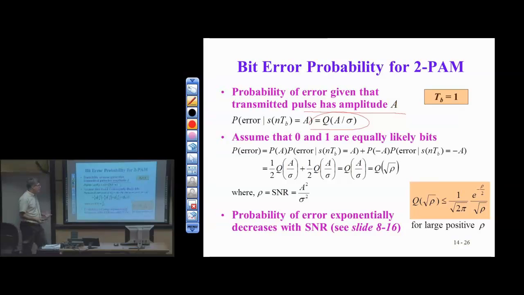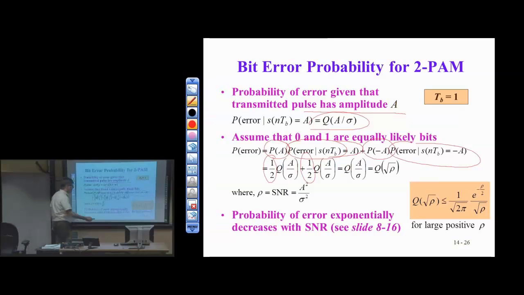Now if I put those results together, the probability of error is the probability of sending amplitude A times the probability of error given that I sent amplitude A, plus the probability of sending amplitude minus A times the probability of error given that I sent amplitude minus A. If I assume equally likely bits of value 0 or 1, then I get 1/2 times the Q function for the first case, and 1/2 times the Q function for the second case.